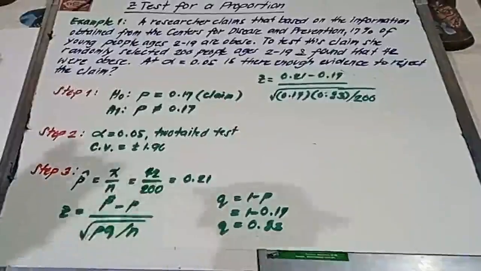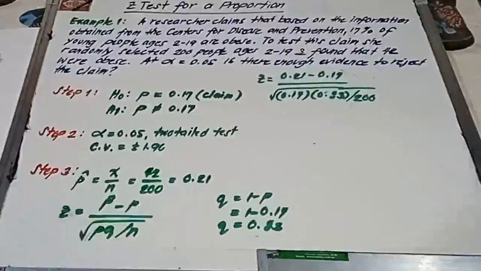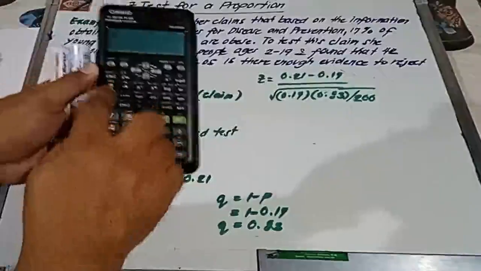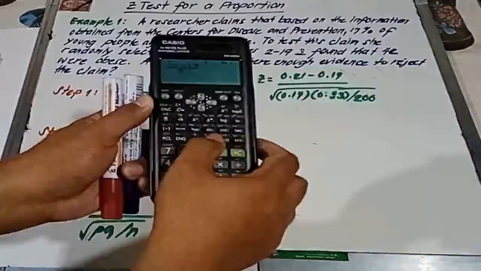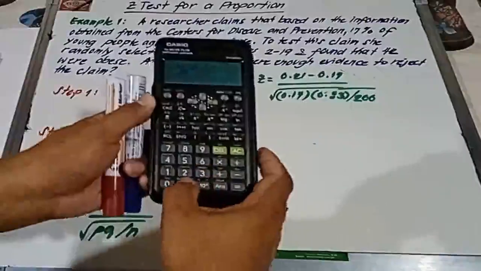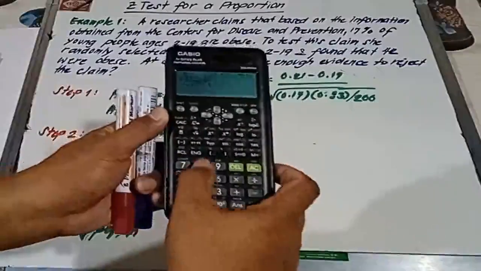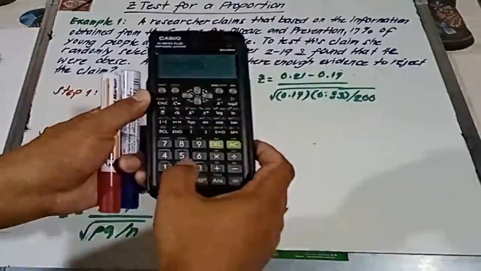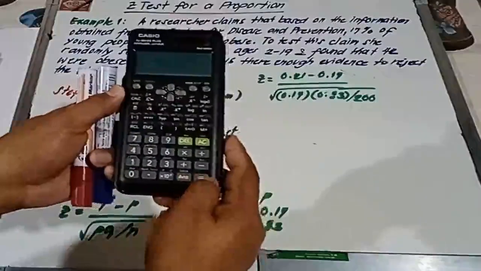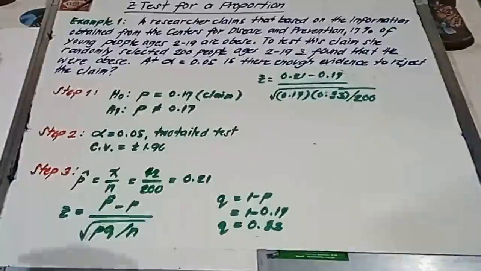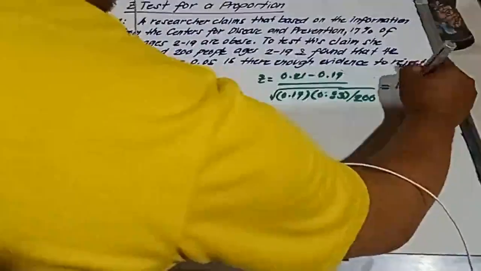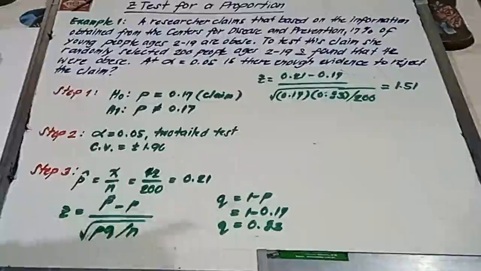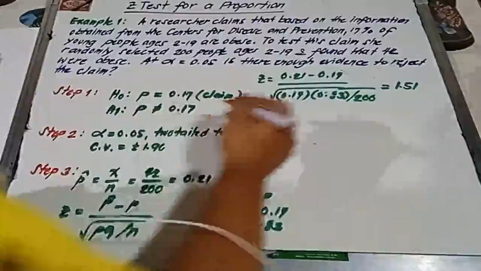Now, gamit yung ating calculator, we have press fraction, 0.21 on top minus 0.17. Sa denominator, we have square root of 0.17 times 0.83 divided by 200, then press equals. Our answer is 1.51. So 1.51. Okay. Now, we're going to make a decision. That is our step number 4.